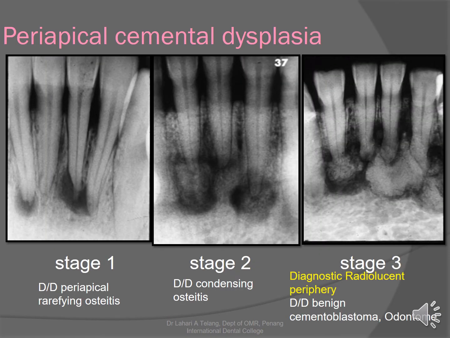Next, we move on to periapical cemental dysplasia. Now, I'm not discussing the treatment and the clinical features of these diseases, because it's assumed that you already have a basic background of all of these diseases. I'm sure fibrous dysplasia was extensively covered in oral pathology, and that's the reason why I'm only touching upon these diseases from a radiology point of view.